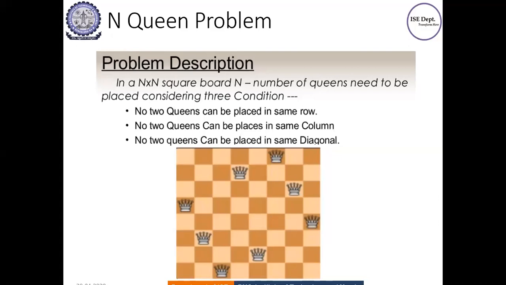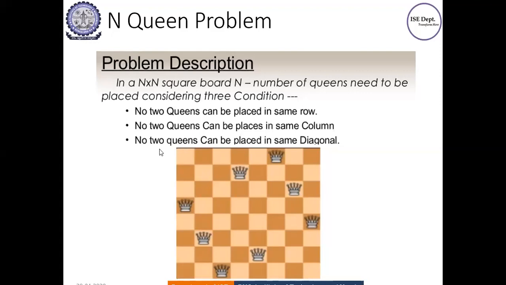So when will you call two queens attacking each other? When they are present in the same row, or in the same column, or in the same diagonal. Am I clear here? Whenever two queens are in the same row, for example, if this particular queen is present here, then these two queens are in attack.